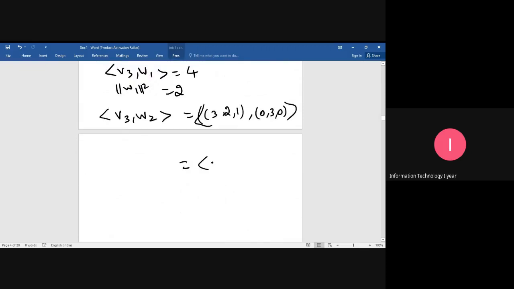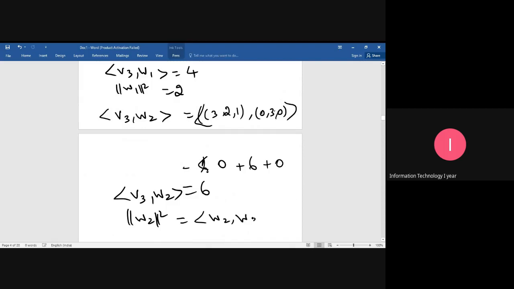So what is the answer? 3 into 0 is 0, plus 2 into 3 is 6, plus 1 into 0 is 0. So the answer is 6. Inner product of V3, W2 is equal to 6. Okay, so we need norm W2 square now. Norm W2 square is actually inner product of W2, W2.